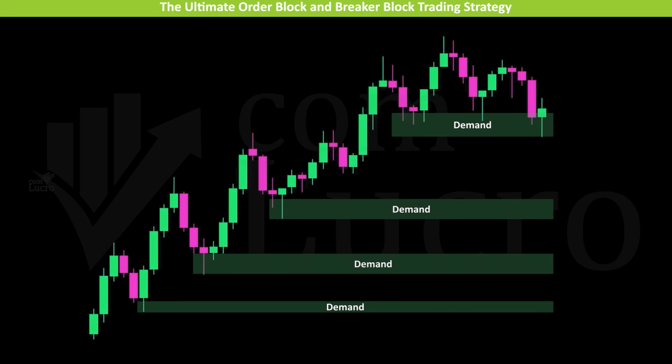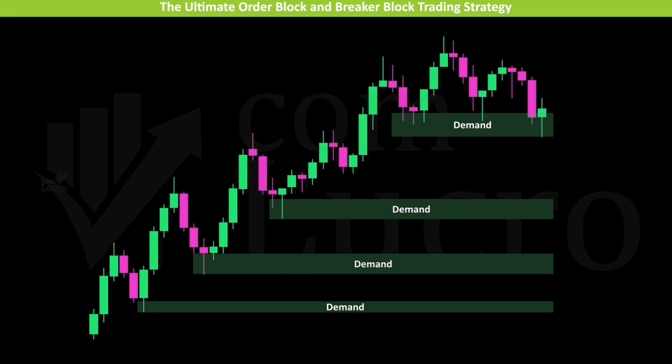We identify the starting point of an impulse as a demand zone. This happens because in that area, traders have previously entered long positions with a clear intention. When price returns to the same demand zone, there is a higher probability that those traders, or new ones recognizing the opportunity, will start buying again.